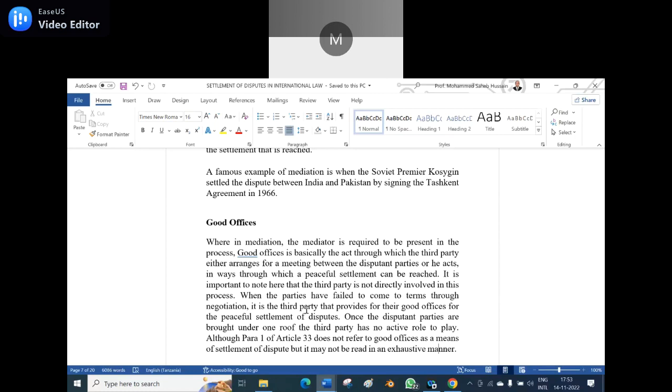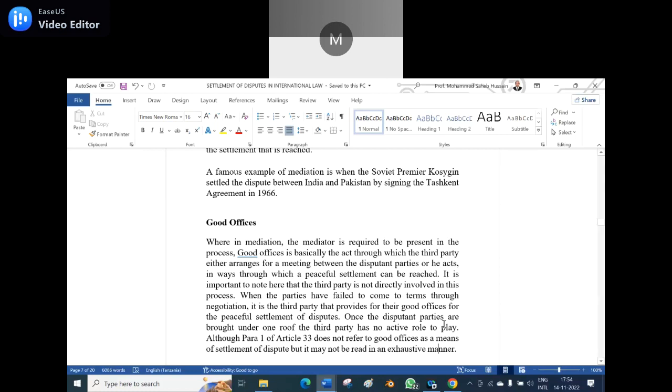Let them be given some chance to realize it and reconcile, when the two parties will not come to a peaceful settlement on their own. Once the disputant parties are brought under one roof, the third party has no active role to play. Although paragraph 1 of Article 33 does not refer to good offices as a means of settlement of a dispute, it may not be read in an exhaustive manner.